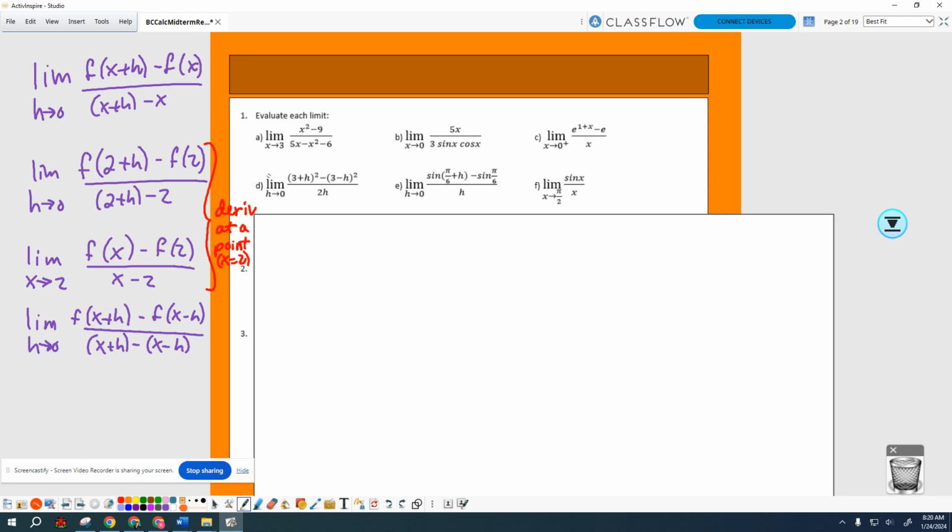So guys, if you see something that looks like the limit definition of derivative, which is using its full name, we would normally write it: the limit as h goes to 0 of f of x plus h minus f of x, over h. Why is it over h? Because x plus h minus x, the x is going.